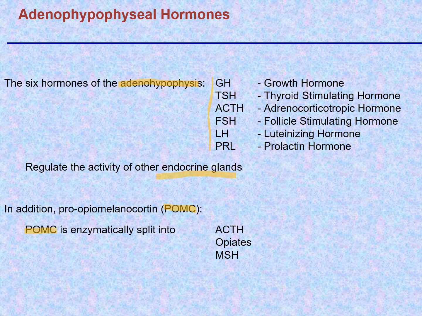Now, POMC itself is a large molecule which can be split by enzyme activity into ACTH, so that's where this ACTH comes from, but also the other parts of the molecule become opiates and melanocyte stimulating hormone. But it's good enough for you to know these 6 and that there is a 7th called POMC.